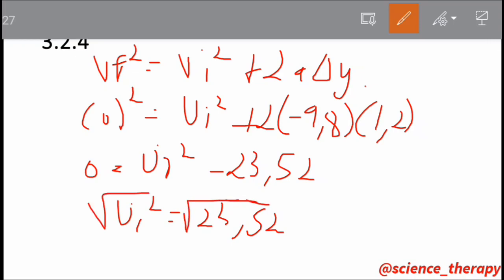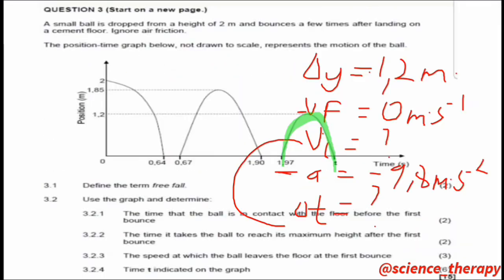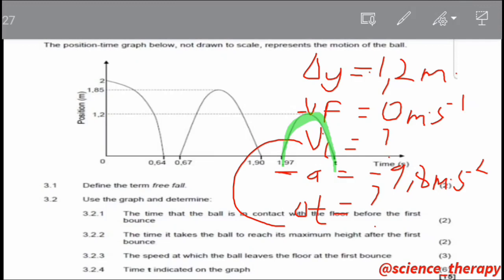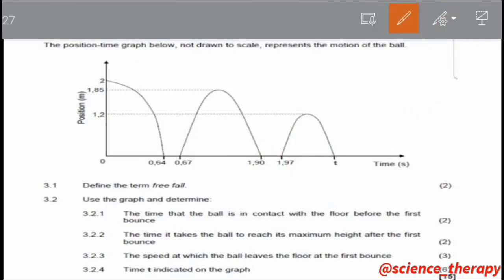Then take the square root of both sides. We now have Vi equals 4.85 meters per second. Then let's check here. We already have Vi, but we are looking for time t. The velocity at this point is 4.85 meters per second.